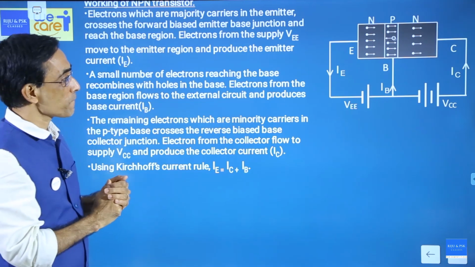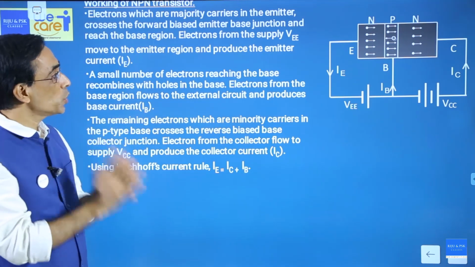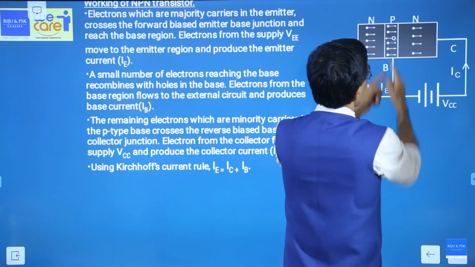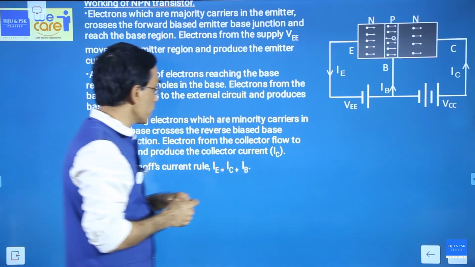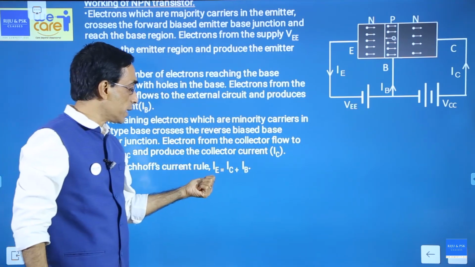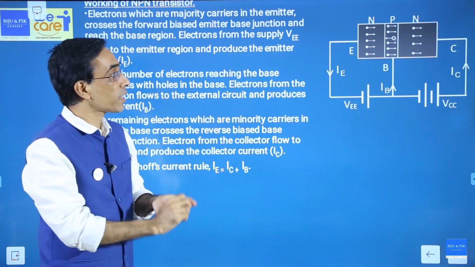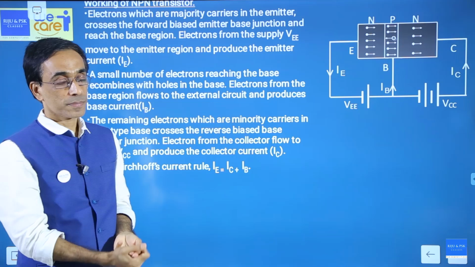Okay. Now if you use Kirchhoff's current law, you can see that there are two currents going into the transistor, one, two, and one coming out. So you can make an equation: the outward current IE equals the incoming currents IC plus IB, i.e. the emitter current is the sum of the base current and the collector current.